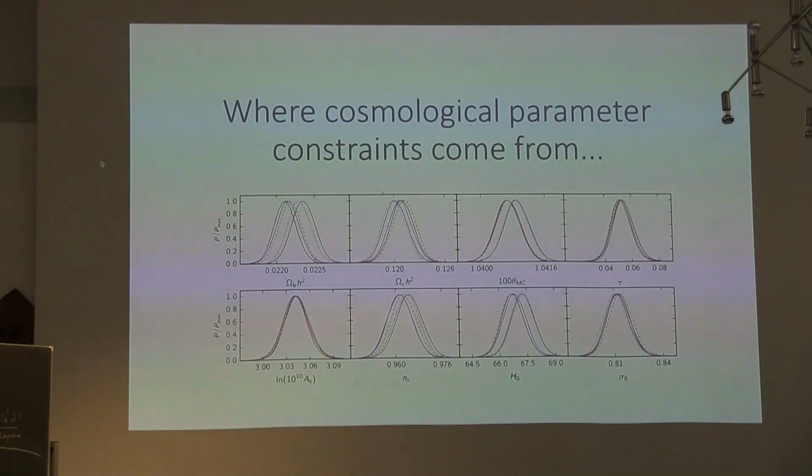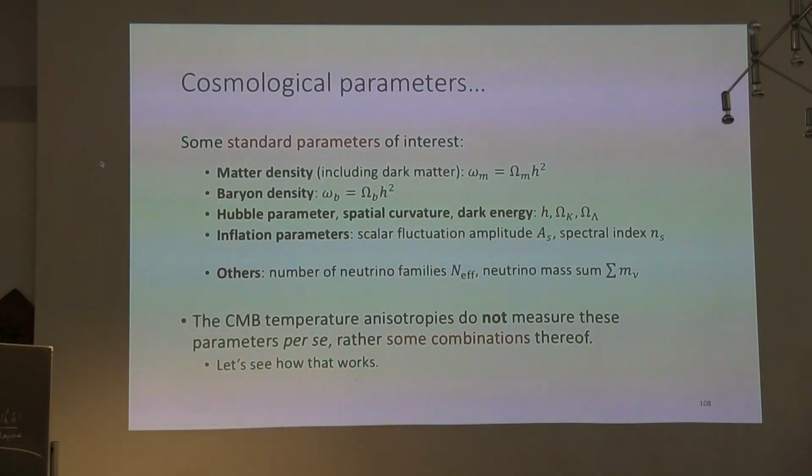Well, let's first of all define what we want to constrain. We want to constrain the matter density, including dark matter, and matter density is omega m. Baryon density is another thing typically constrained by the CMB, that's omega b. There are parameters describing the Hubble expansion rate, spatial curvature, dark energy, etc., and they usually come in the form h, omega k and omega lambda.